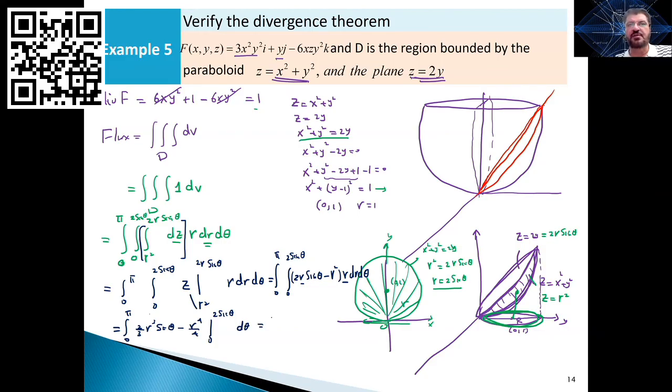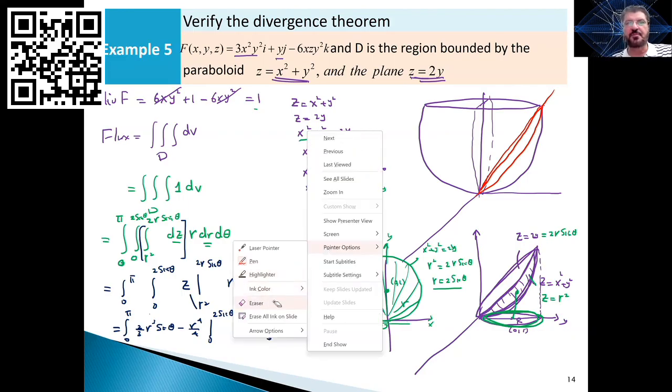You will get integration from 0 to pi. Then you have 2 over 3 r cubed. We are replacing r with 2 sine theta. Sorry, let me replace this one properly.